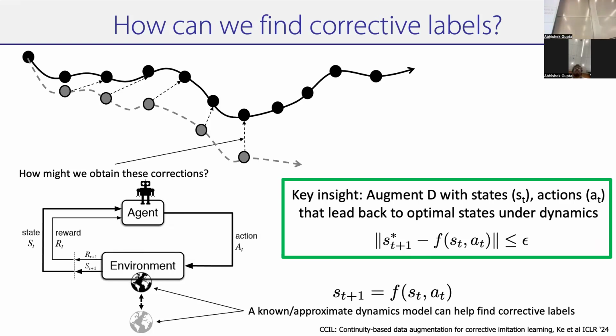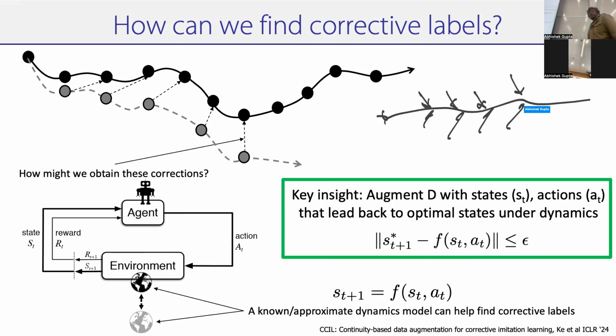Imagine you had an optimal trajectory. Let me search for S's and A's that bring me back to the optimal trajectory, if I knew F. The F tells me how the world works, and I'm going to use how the world works to figure out how to come back. Now, what's the problem with this?